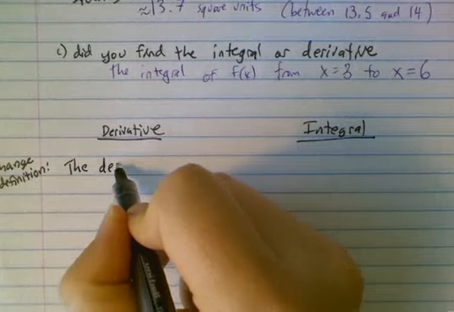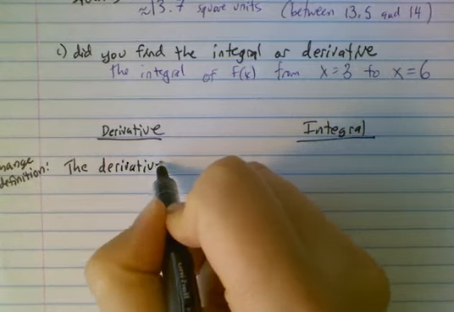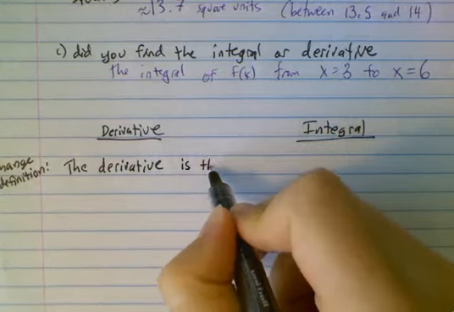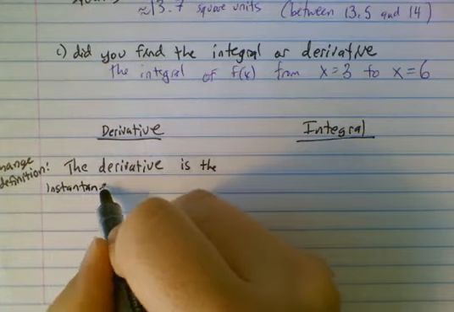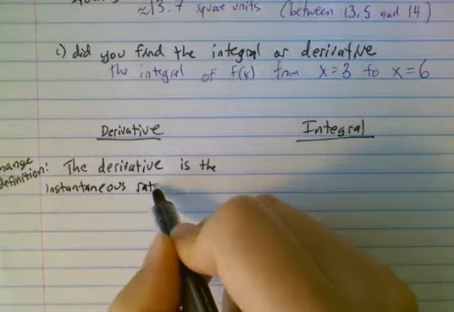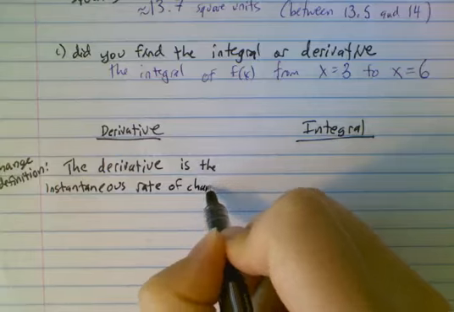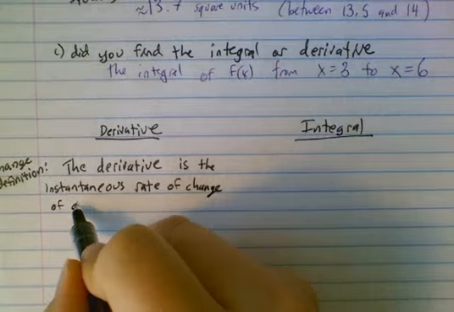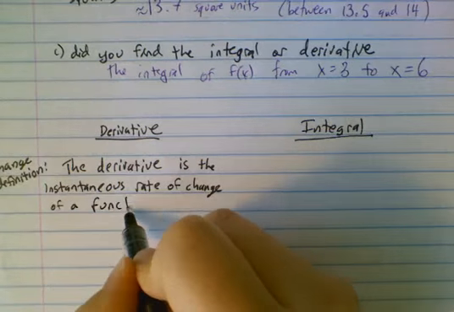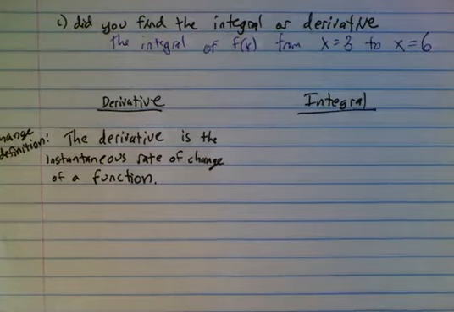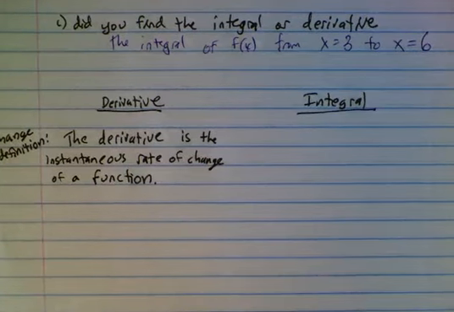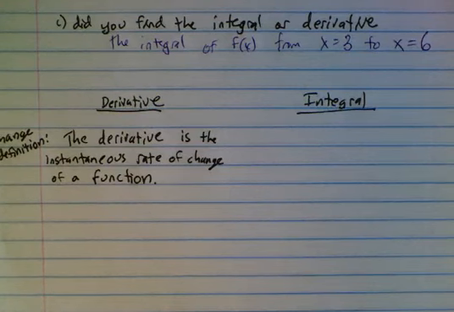The derivative is the instantaneous rate of change of a function. The most easy to comprehend change that we have is in terms of velocity and position.